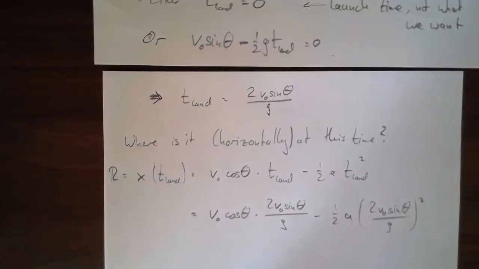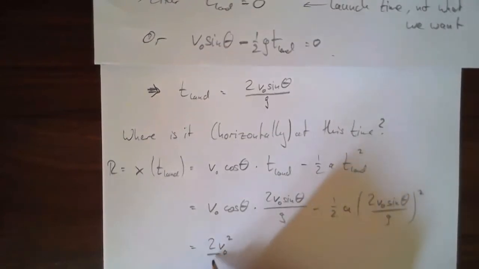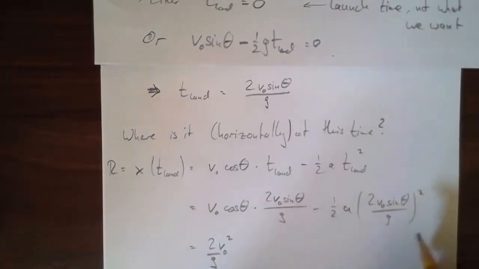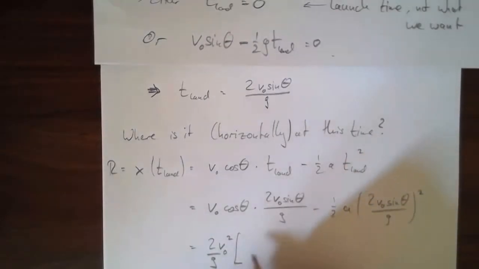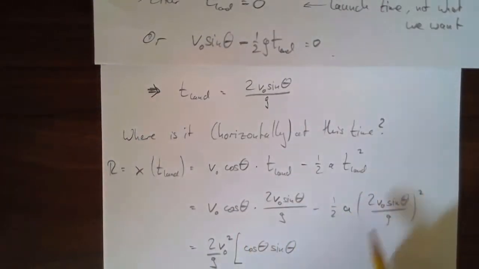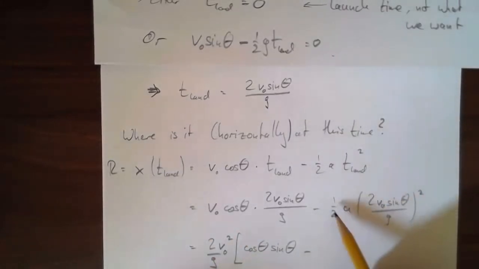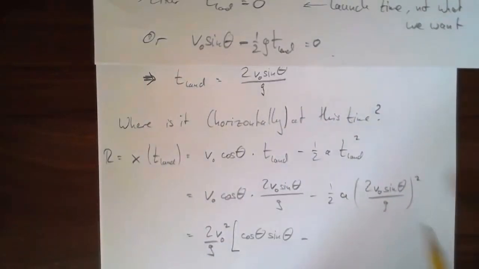Suppose we should now simplify this a little bit. I'm going to factor out some stuff. I'm going to have 2v naught squared over g, I can factor out, that appears here and here. And then I'm left with cosine theta sine theta minus, now here I've got 4 but also half, so it's 2 which I have here, so I've got numerical factors.